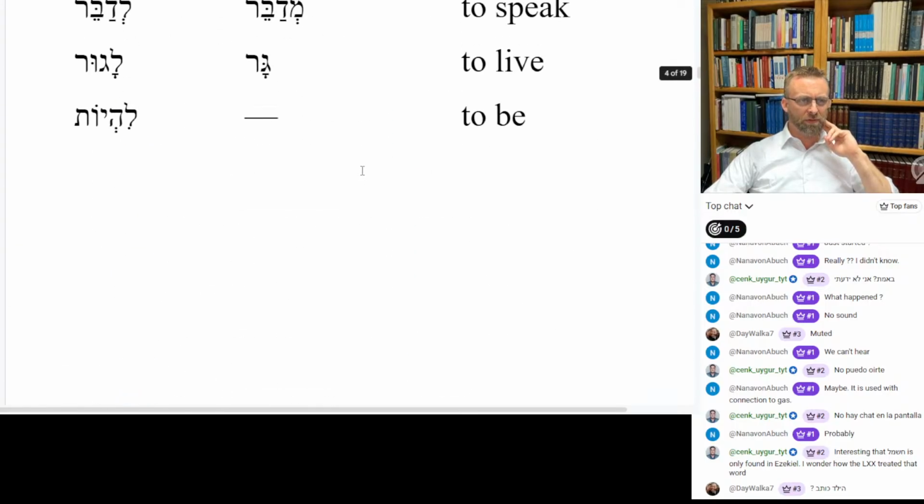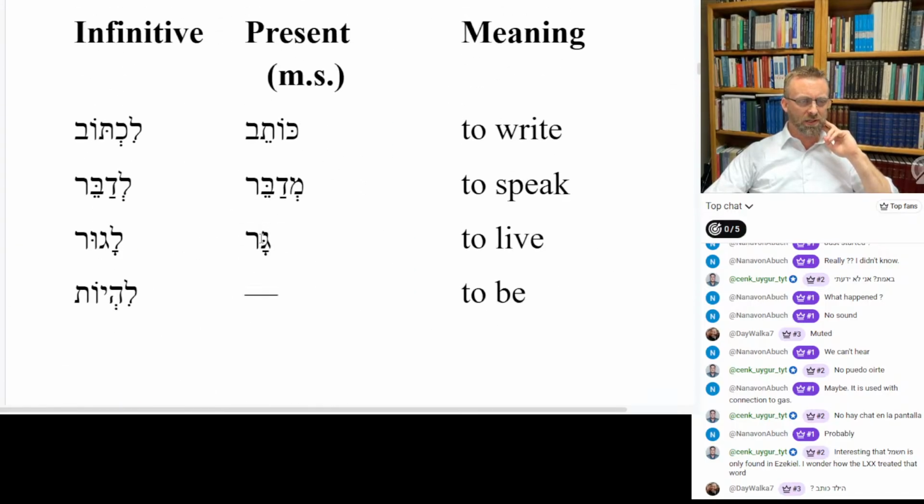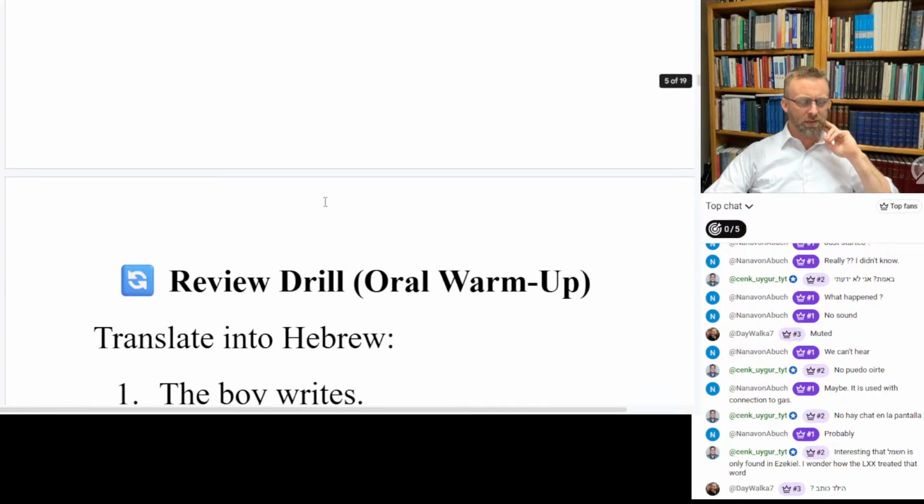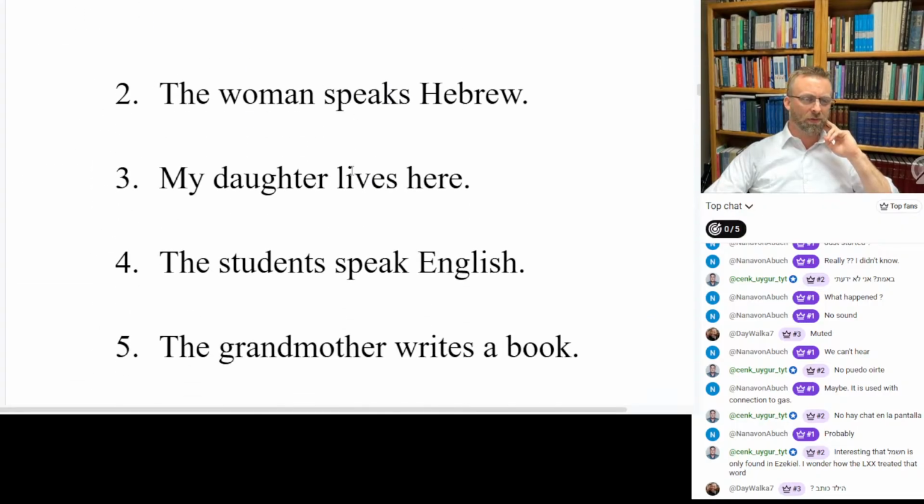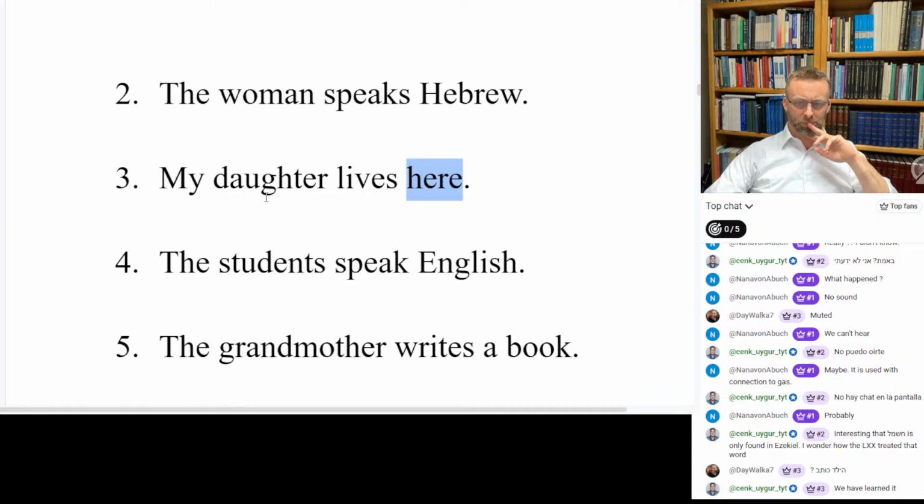Remember we saw above here, the masculine singular is gar, and so the feminine singular is gara. Habat sheli gara po. Sometimes I get confused between what we've done in the Hebrew Arabic course and this strictly Hebrew course.